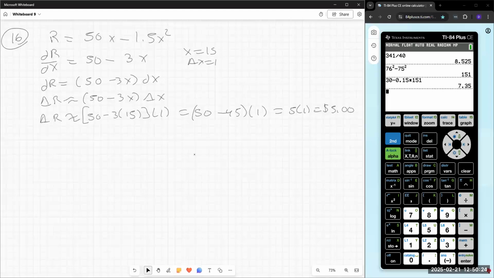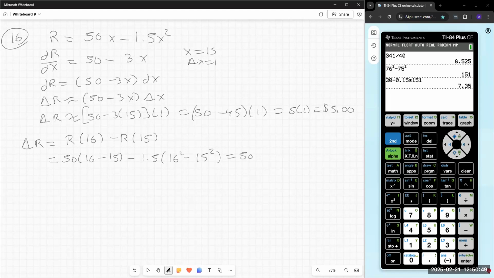Then delta r is exactly equal to r of 16 minus r of 15, which will be 50 times (16 minus 15) minus 1.5 times (16 squared minus 15 squared), is 50 times 1 minus 1.5 times (256 minus 225).